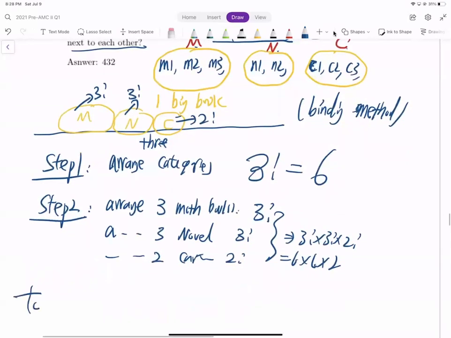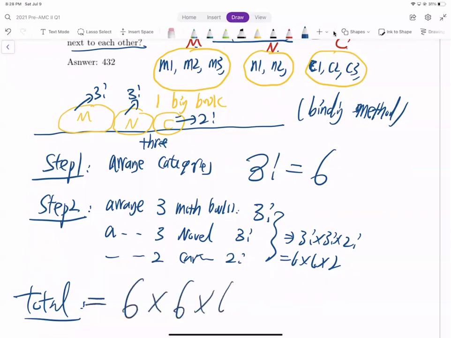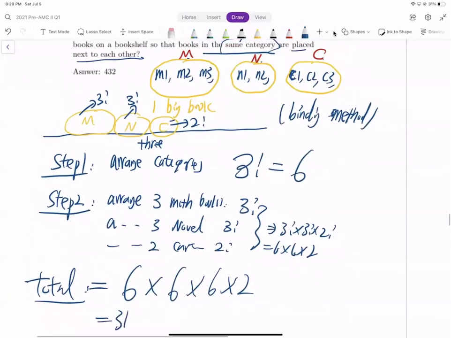After these 2 steps, we have placed all these 8 books, and total will be 6 times 6 times 6 times 2, right? And then let's see what do we get? 36 times 12, 72, 36. Okay, so we have 432.